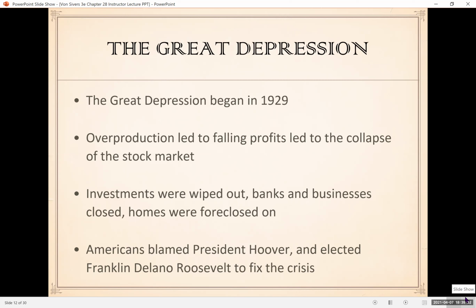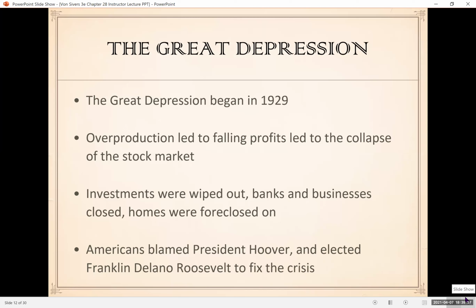Roosevelt will come in with a whole list of programs that will be basically the government spending every dime it could to just get people to work. And we had the National Recovery Act, we had the Civilian Conservation Corps, we had the Works Progress Administration.